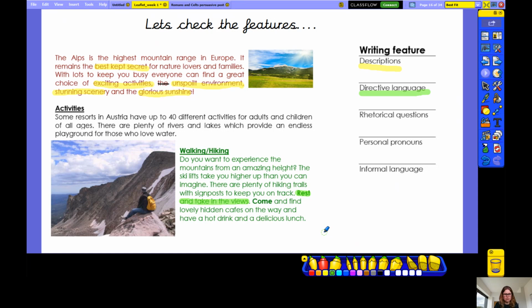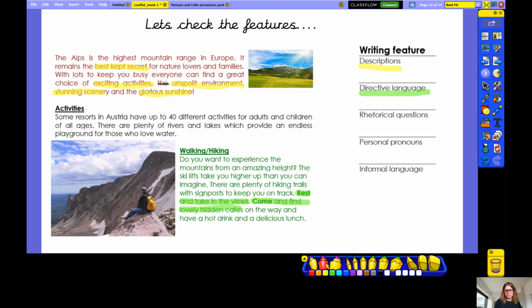It sounds like someone's commanding me to rest and take in the views. It's not please rest, it's rest. So it's written in quite a bossy way. I think the Romans probably were quite bossy. I think they probably used that language quite a lot. Come and find lovely hidden cafes. Again, it sounds like it's bossing me and telling me to definitely do that. So there's our directive language.